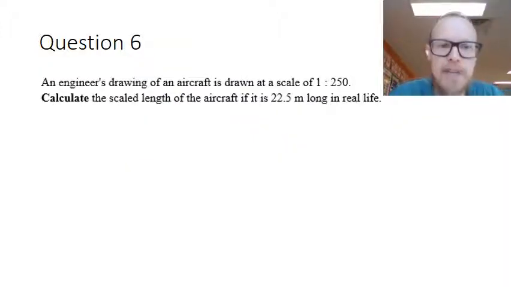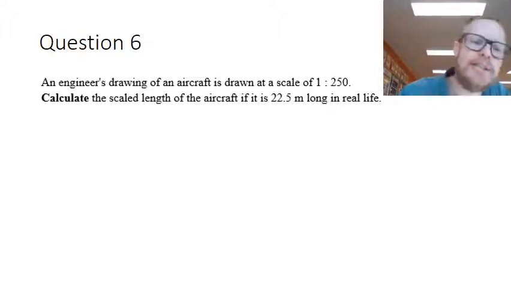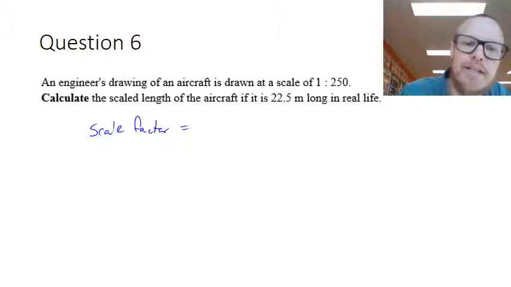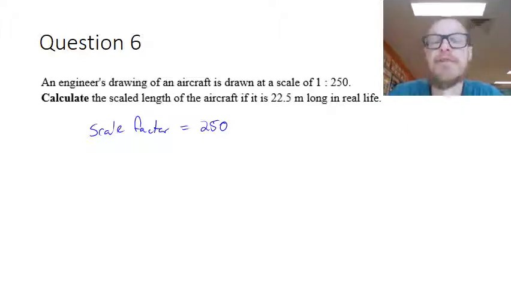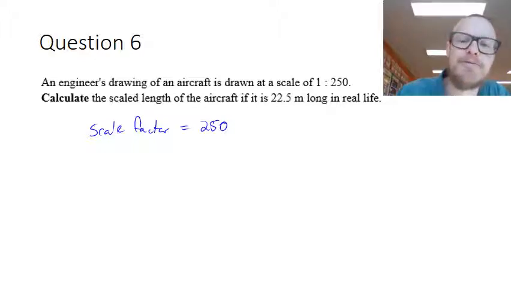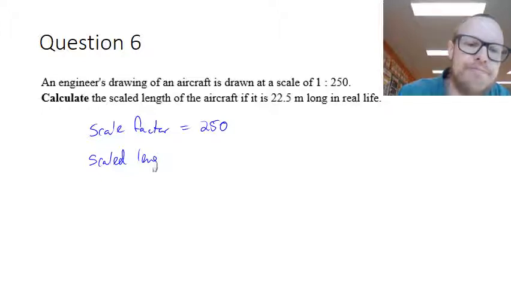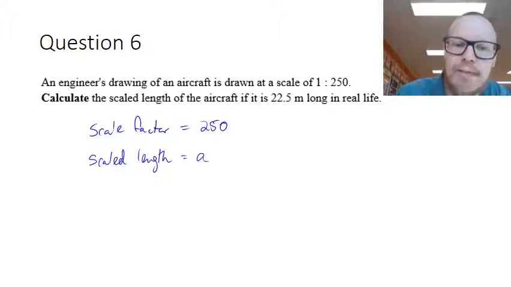All right, an engineer's drawing of an aircraft is drawn at a scale of 1 to 250. So that means our scale factor is equal to 250. We need to calculate the scaled length of the aircraft if it is 22.5 metres long in real life. So to get the scaled length, we take the actual length divided by the scale factor.